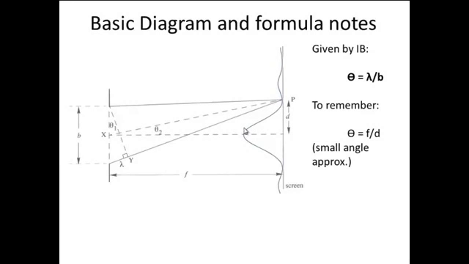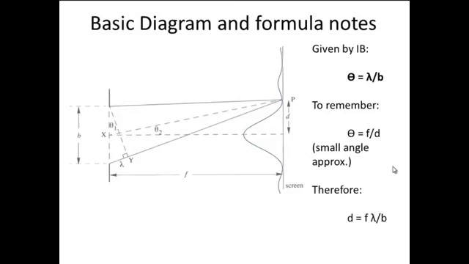Angle 2, using the small angle approximation, is equal to F divided by D, where F is the distance between the slit and the screen. Angle 1 and angle 2, due to the small angle approximation, can be considered to be the same value, which is why I haven't got 1 and 2 subscripted on these two features.